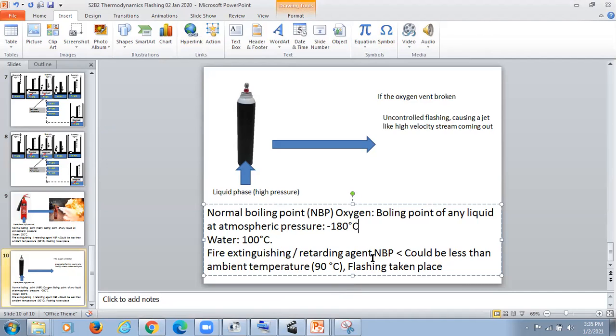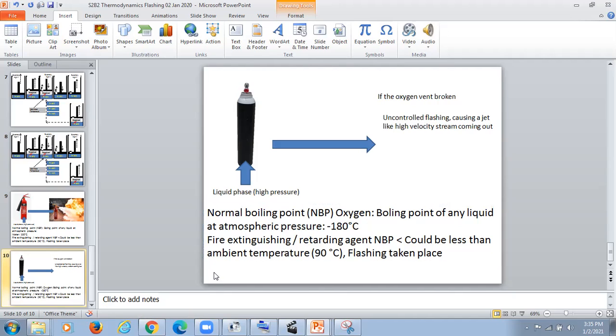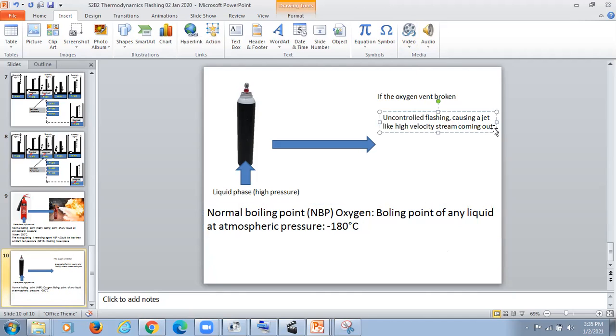So this release would be very violent. That's why there is a rocket effect, a rocket flying effect. So you have to secure it very well, otherwise this is disastrous.